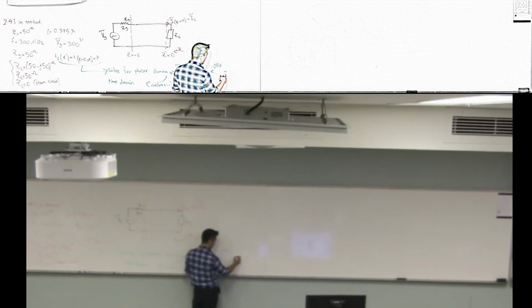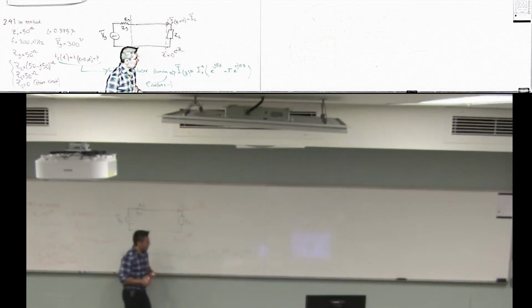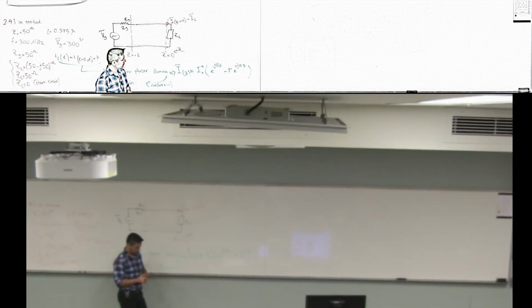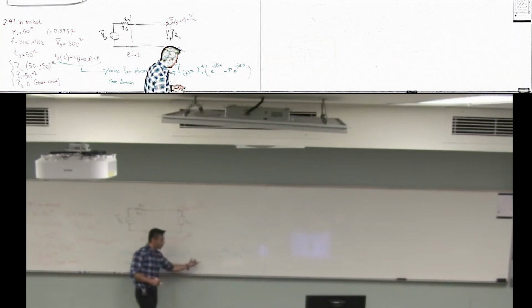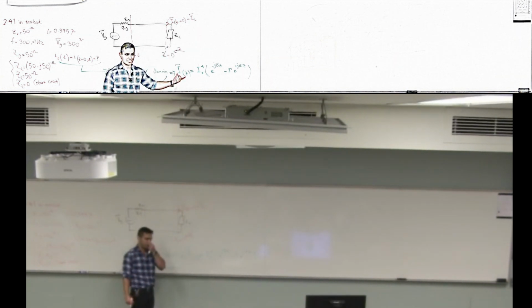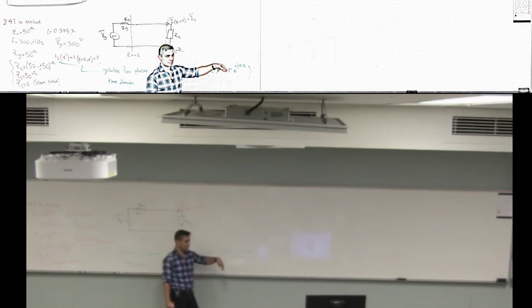Minus I0 minus e to the plus j beta z. Last time I mentioned, so I'm looking to find this, right? This can be written in the form of minus I0 minus, in that form as well.